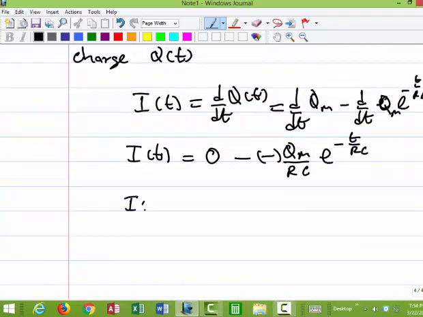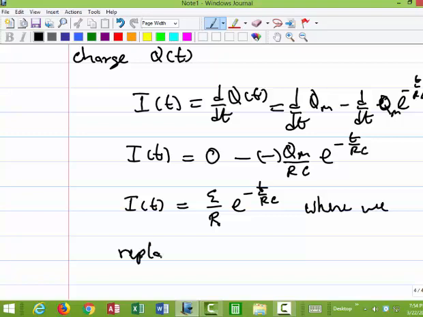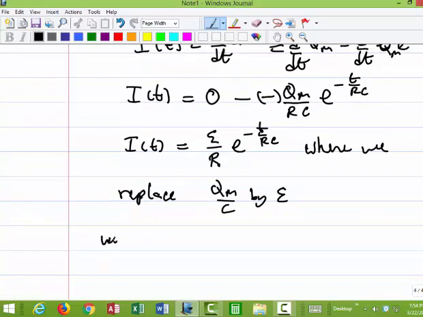So we have I of t equals Qm over C, which is E divided by R, e raised to the power minus t over Rc, where we replaced Qm over C by E. Okay, and then we note that I max is equal to, or I is the current.